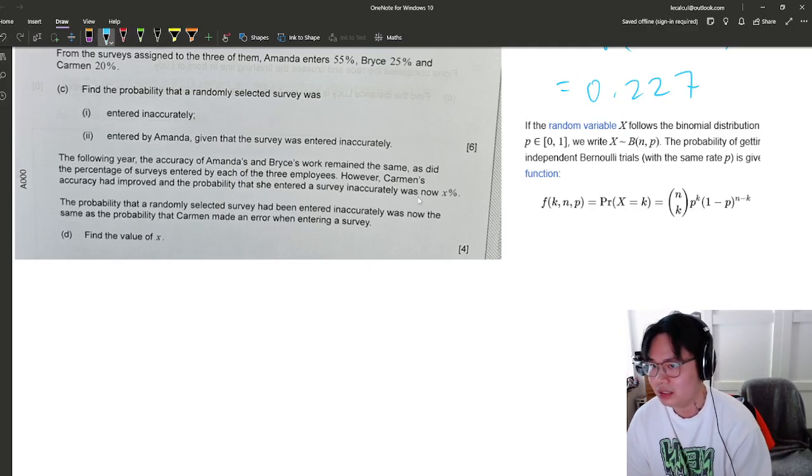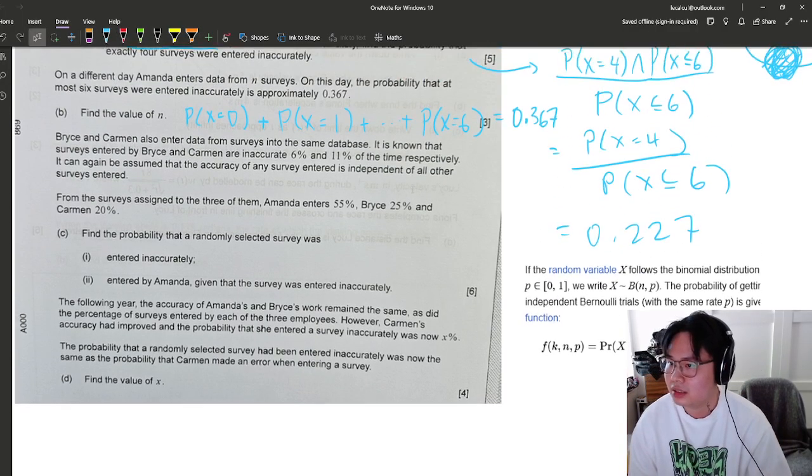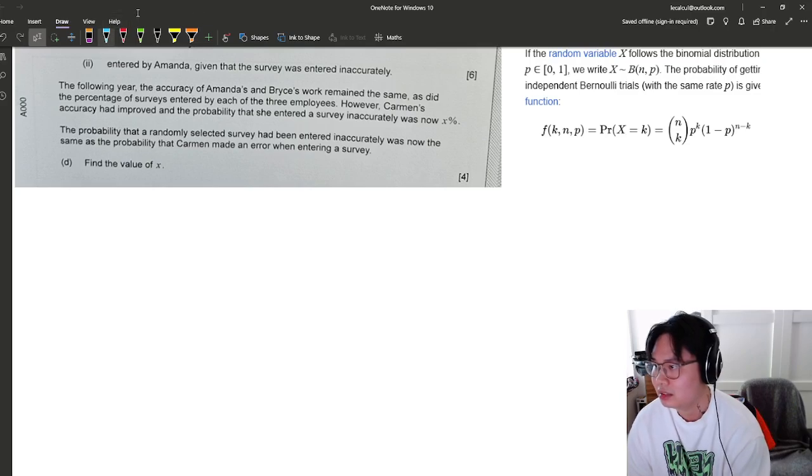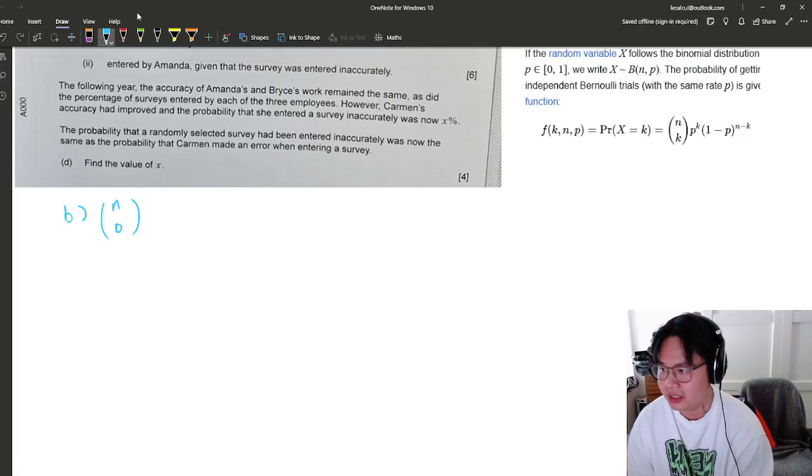How's this only 3 marks? Okay, I need room. Okay, I'll do down here. So we have N choose 0, right? So that means that she has all of them correct.